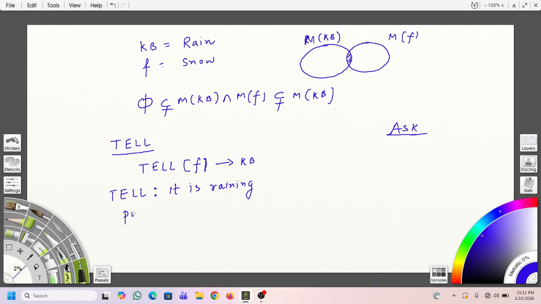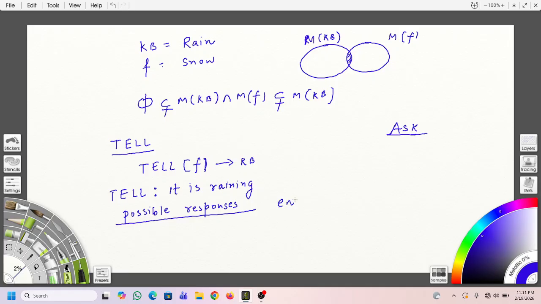What will be the possible responses? The possible responses can be either entailment, contradiction or contingency.